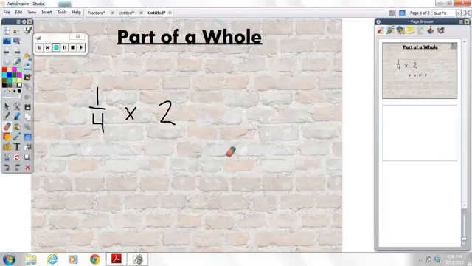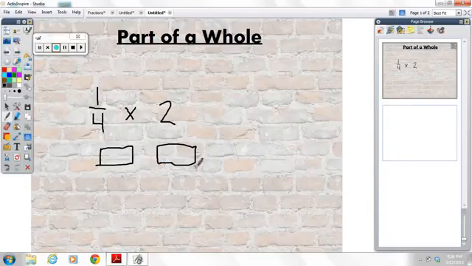So let me show you how we would have to set this up. When this whole number is smaller than this denominator, what we need to do is take that whole number and represent it with rectangles, with boxes. So that 2 is going to be represented here with 2 boxes.